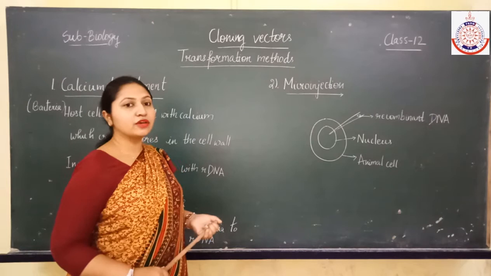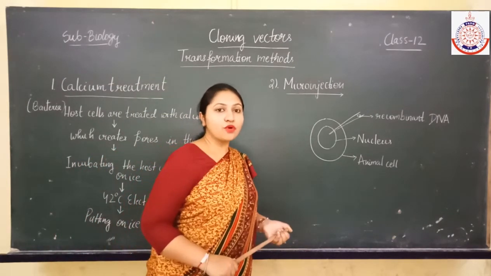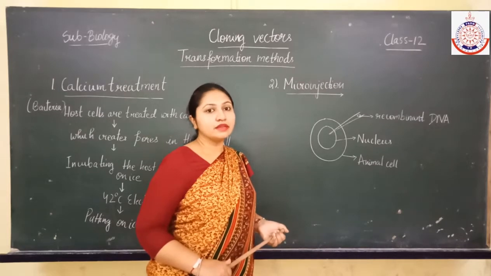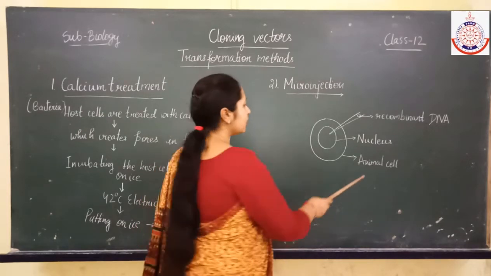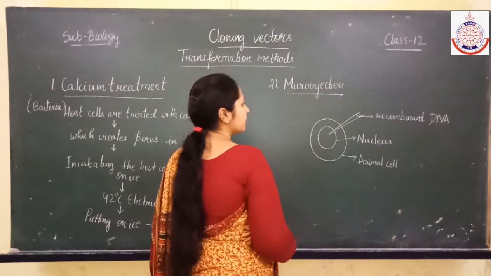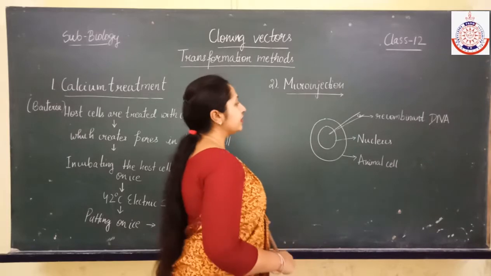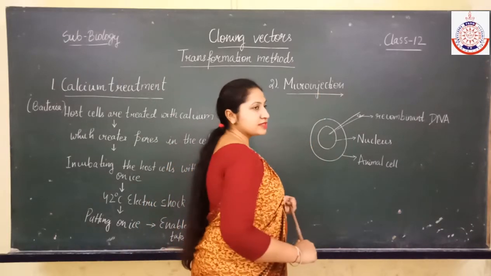The microinjection method is used for the transformation of the rDNA into animal cells. Animal cells contain a nucleus, as all cells do, but basically it is used for animal cells.